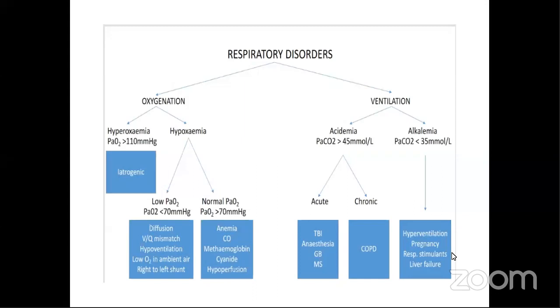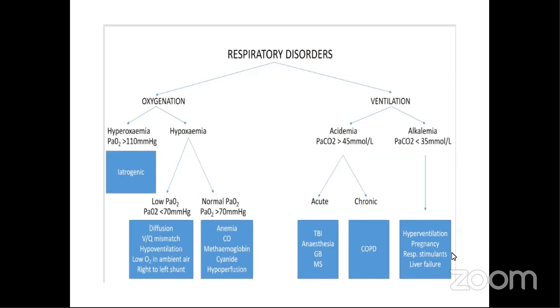And hypoxemia is classified to hypoxemia with low PaO2 and normal PaO2. Main causes of hypoxemia with low partial pressure of oxygen in the blood are diffusion problem, V/Q mismatch, hypoventilation, low oxygen in ambient air, and right to left shunting.